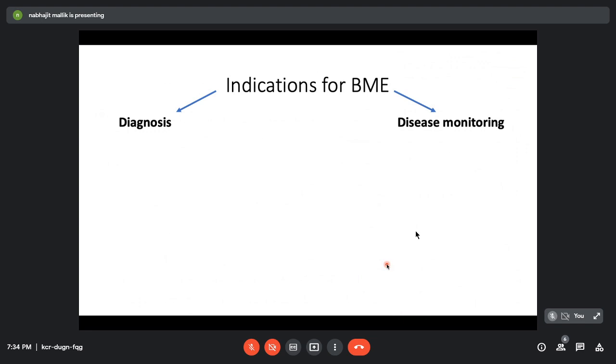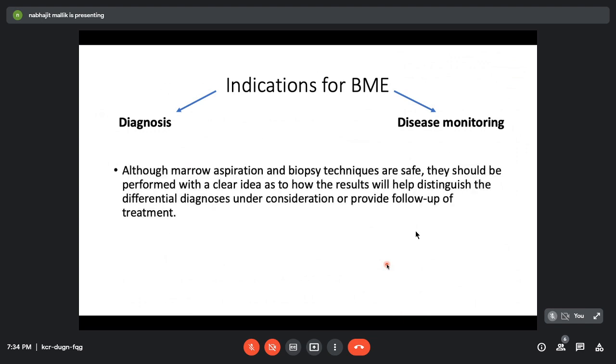So we move on to the indications for bone marrow examination. You do bone marrow examination for making a diagnosis and also for disease monitoring. Although marrow aspiration and biopsy techniques are safe, they should be performed with a clear idea. It should not be done just as a part of a routine examination. It should be performed with a clear idea as to how the results will help distinguish the differential diagnosis under consideration or provide follow-up treatment.